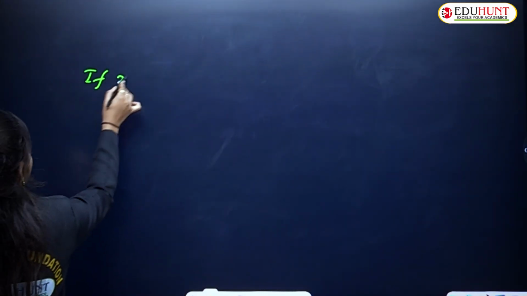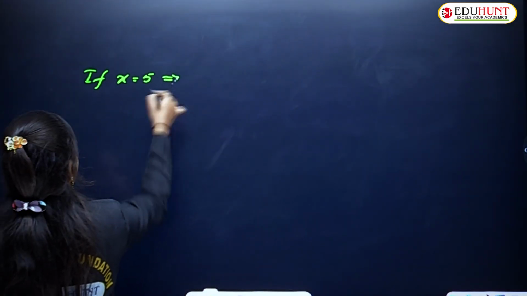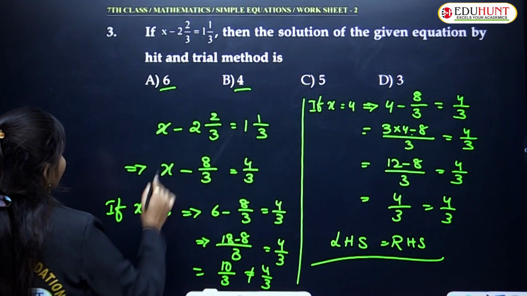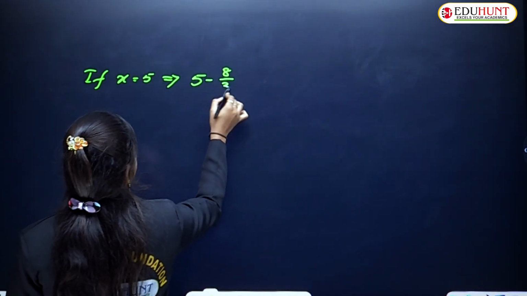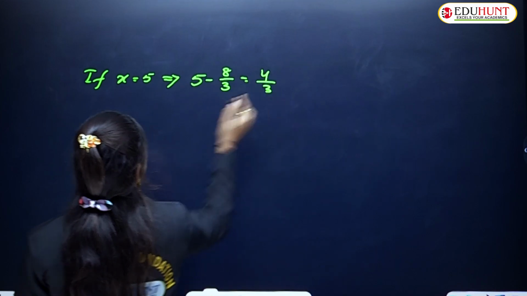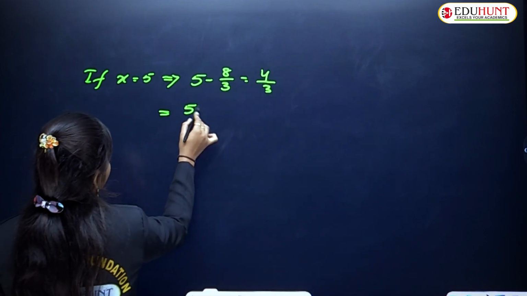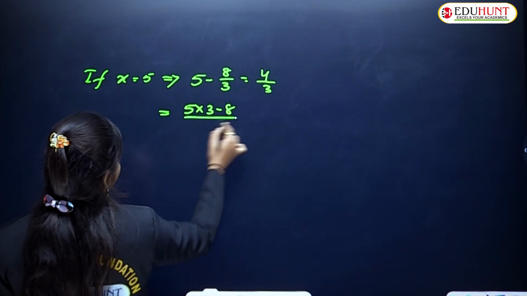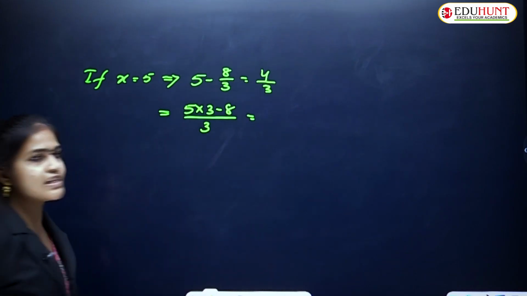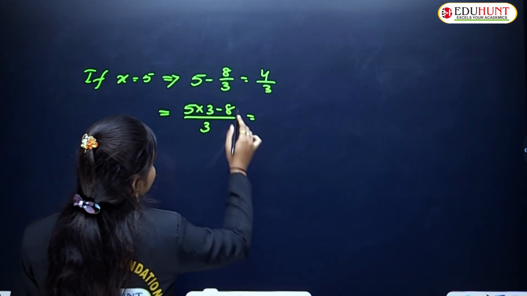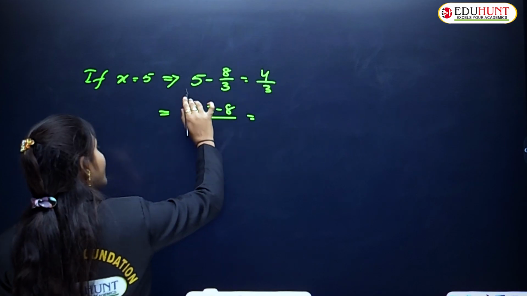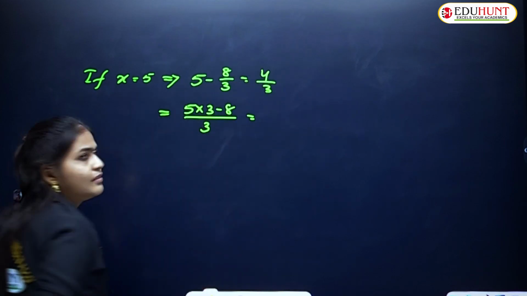If x is equal to 5, then here 5 minus 8 by 3 is equal to 4 by 3. Now here 5 into 3 minus 8 by 3. We know how to convert mixed fractions into improper, and in the same way how to take the difference of a whole number and that fraction.